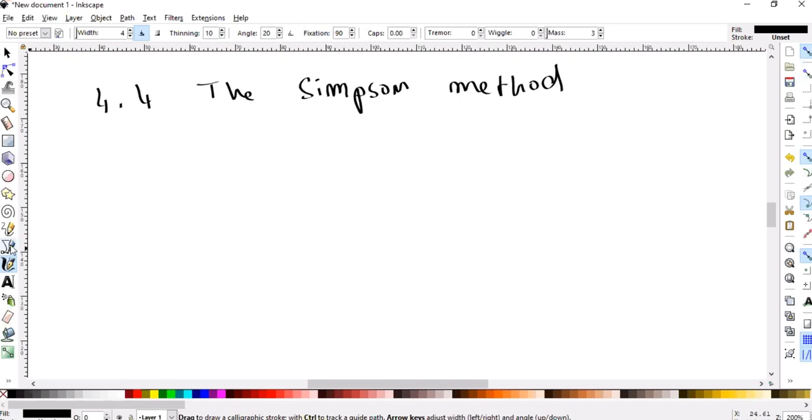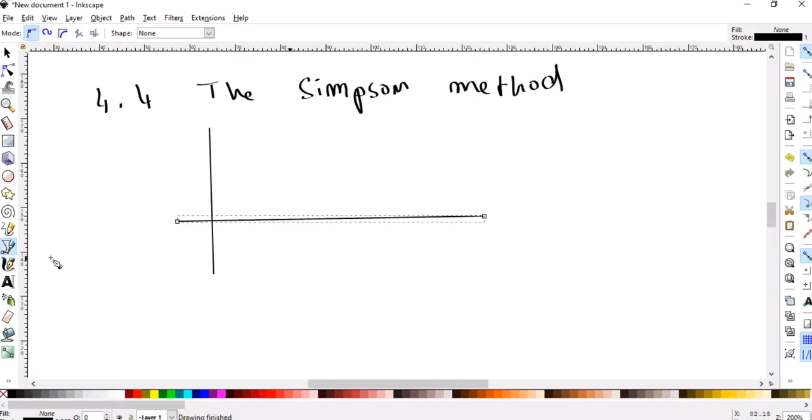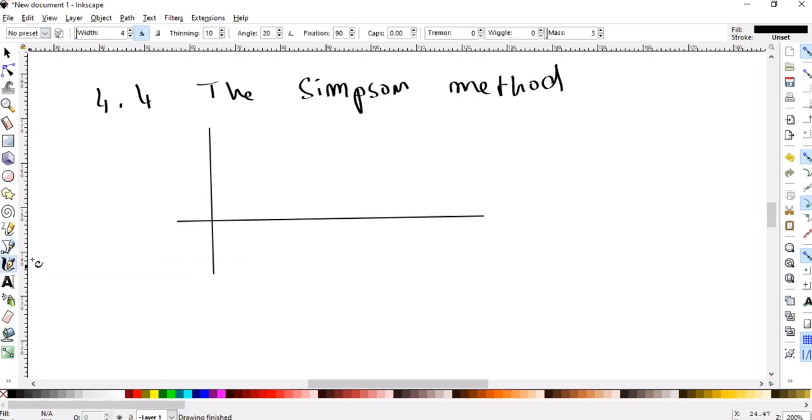Okay, so the Simpson method is that if we have, for example, here, this is my interval, let's say AB, and this is my function f of x.